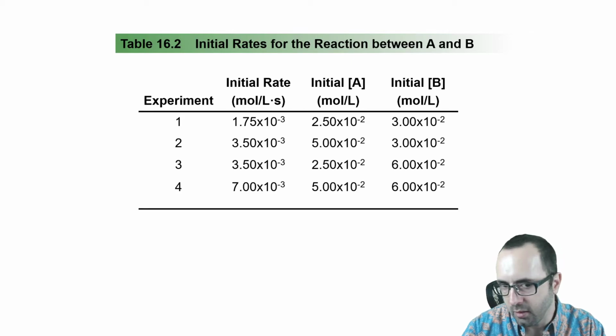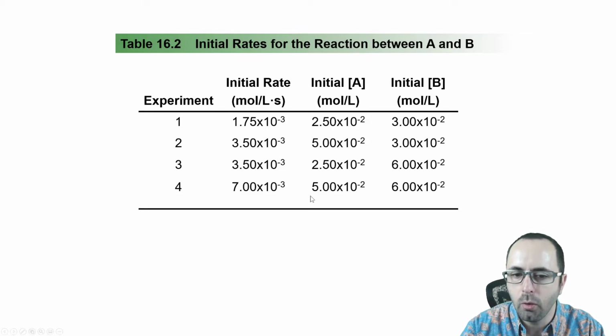So this is what an experiment like that would look like in terms of data. If we look at this, we've run 4 experiments, okay, and determined the initial rate. In the first 2 experiments, we did not change the concentration of B, but we doubled the concentration of A. And what you can see here is if you look closely, you'll see that the rate doubled.